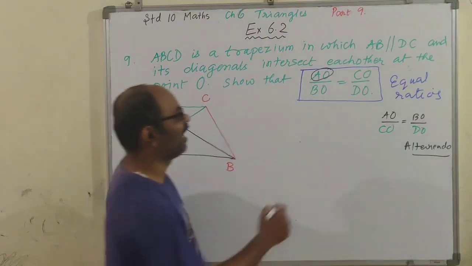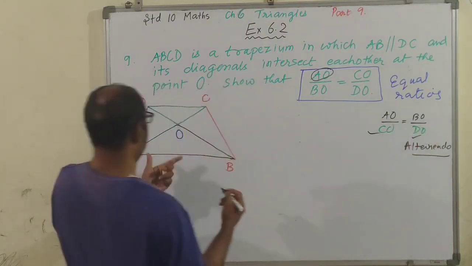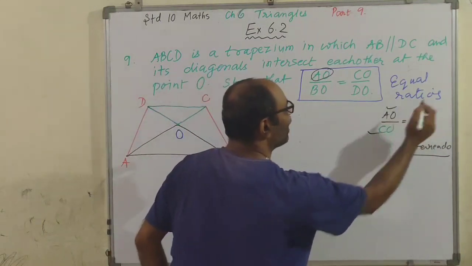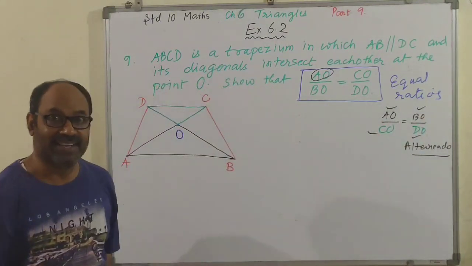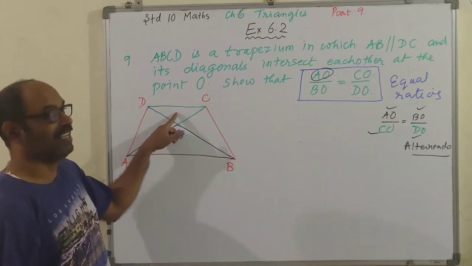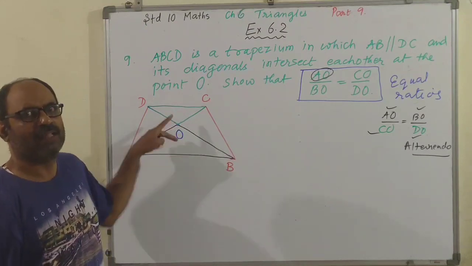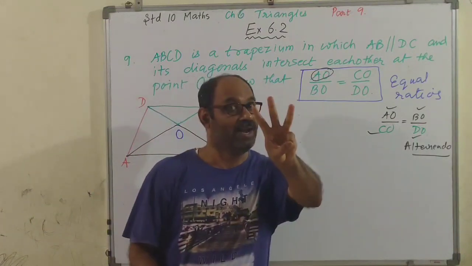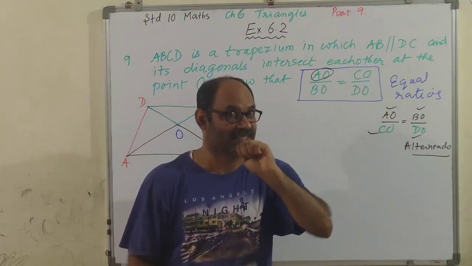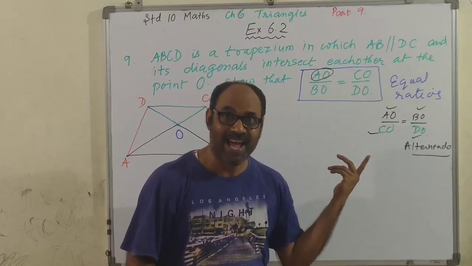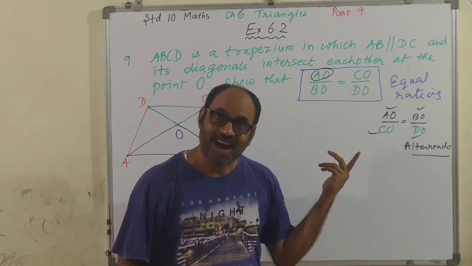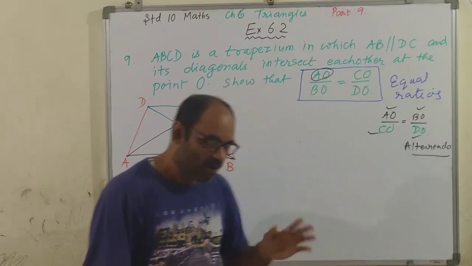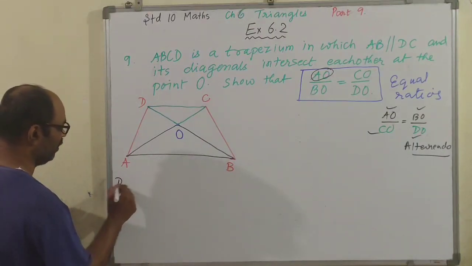This green triangle contains these two green sides, and this black triangle contains these two black sides. If we succeed in showing that the green and black triangles are similar, then it is going to produce 3 equal ratios for us, and these two would be present in it. Are you getting me? Let's see. First we'll write the data.